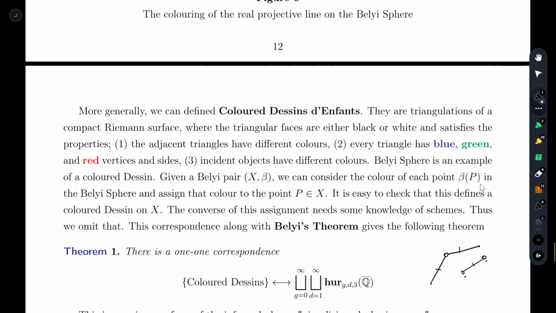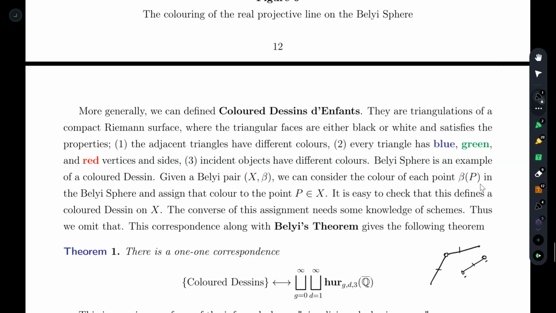And we will color the point P according to the color of beta(P). That means if the color of beta(P) is black, then I will color P in black, and so on. One can check that this coloring will make a colored dessin over this compact Riemann surface X.